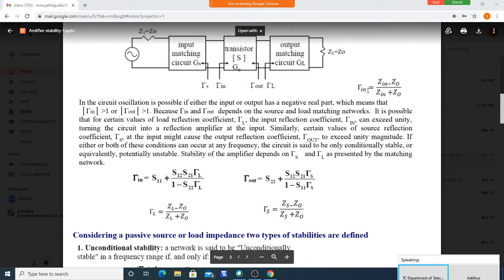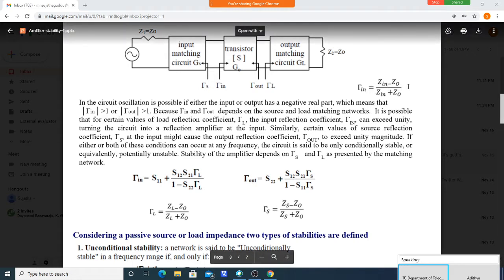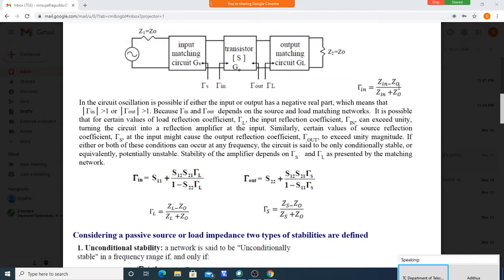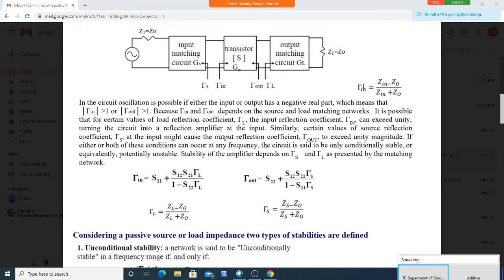See, tau in, as we know, varies from 0 to 1. Is that correct? Tau in is 0 to 1. All of you saw this in the previous semester itself. The maximum value of tau is plus or minus 1. The minimum value is 0. Reflection coefficient 0, what is the meaning of that?